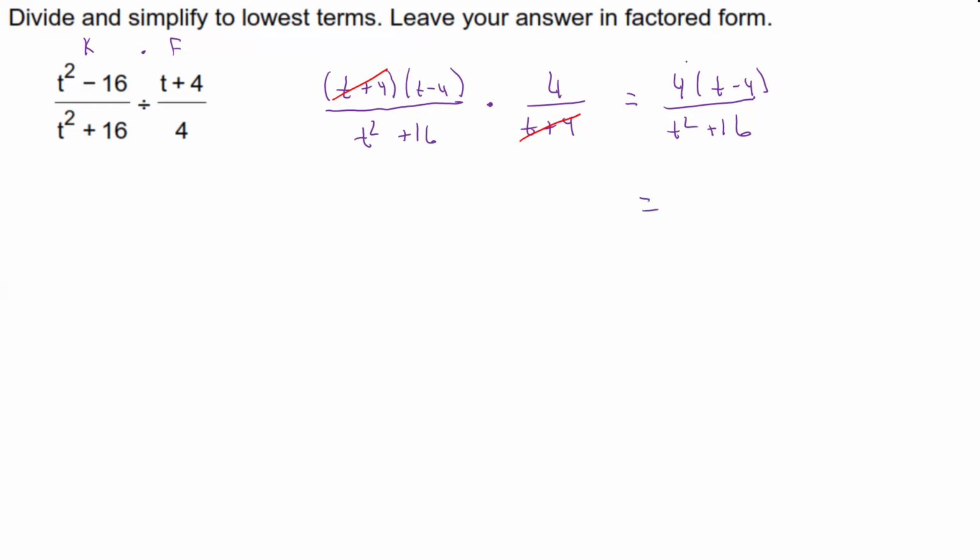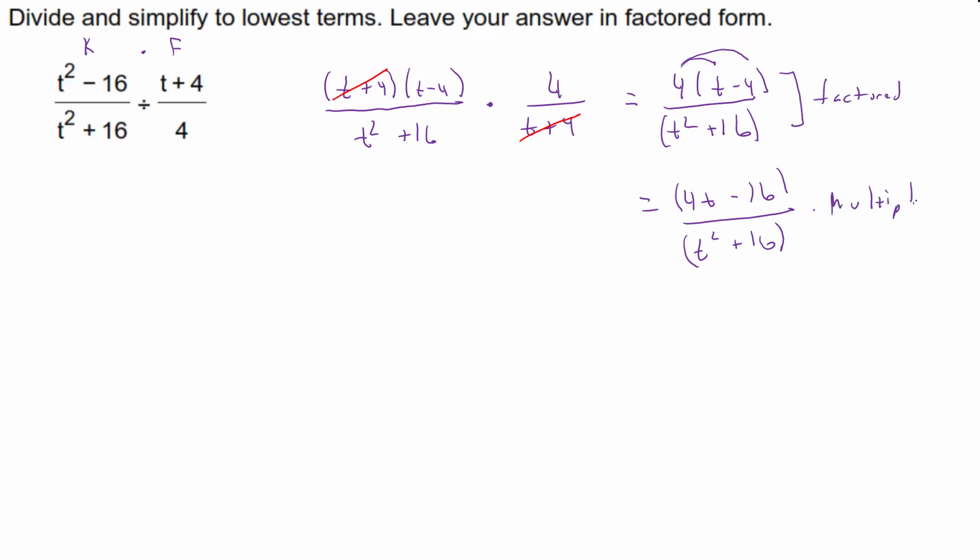Now another thing we could do is go ahead and multiply it through, and that would give us (4t minus 16) over (t squared plus 16). And again, so you don't want to cancel anything, we'll go ahead and put parentheses around those, and we can do that here as well. But that is one way that's in factored form, and this one is multiplied out.